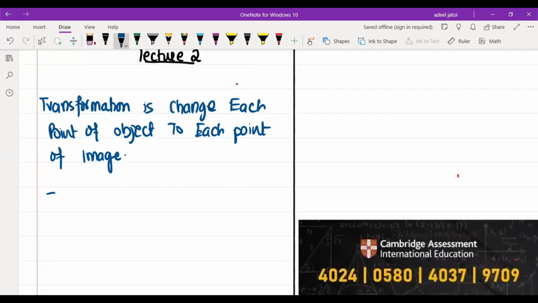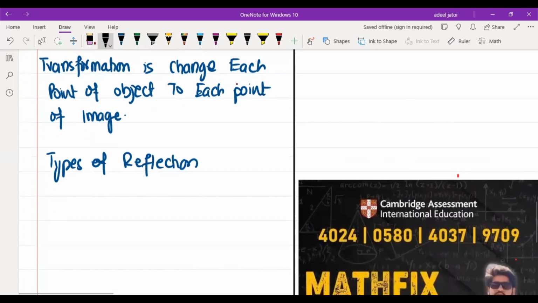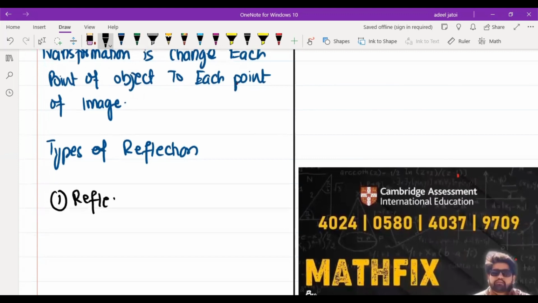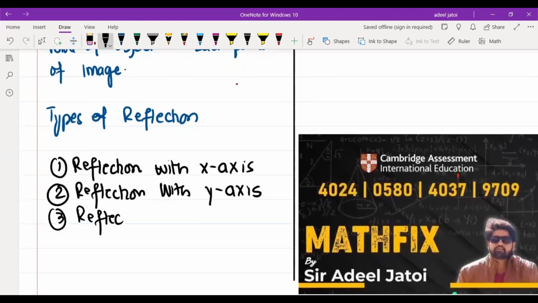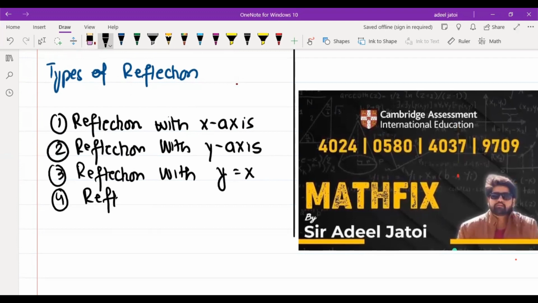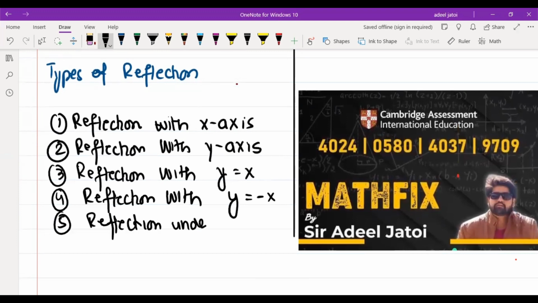But there are types of reflection. The types of reflection include, number one, reflection with respect to x-axis, reflection with respect to y-axis, reflection with respect to y is equal to x, reflection with respect to y is equal to minus x, reflection under any given line.